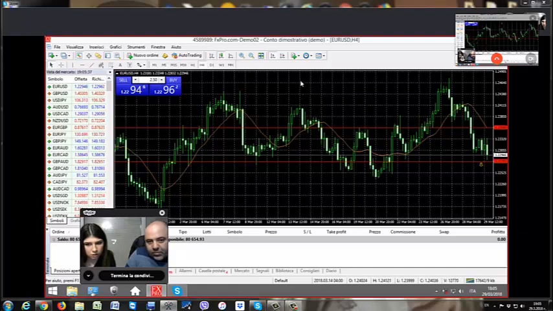Horizontally, in terms of grid, I have 13 squares. 2, 4, 6, 8, 10, and 13. Horizontally 35, 13 vertically.